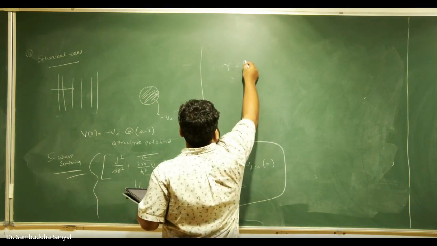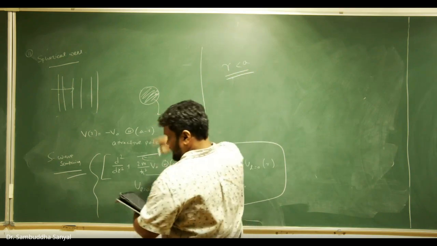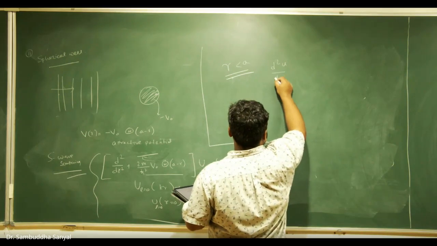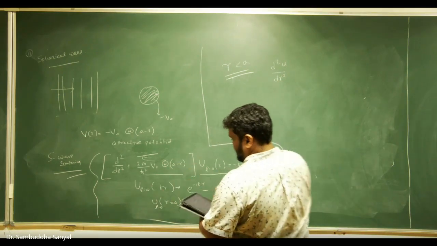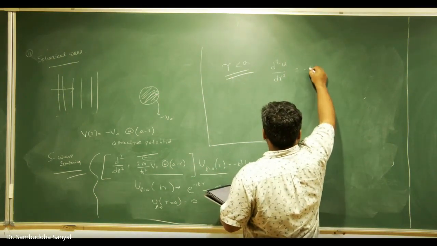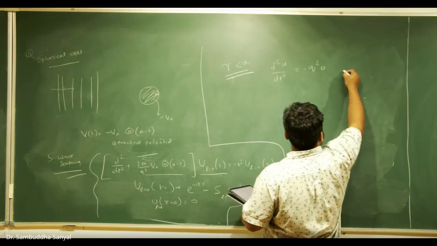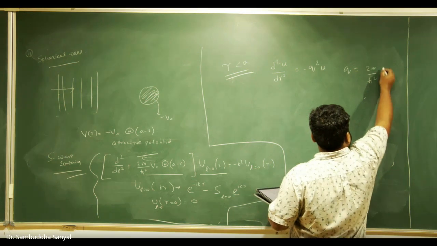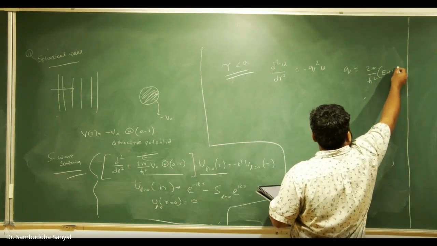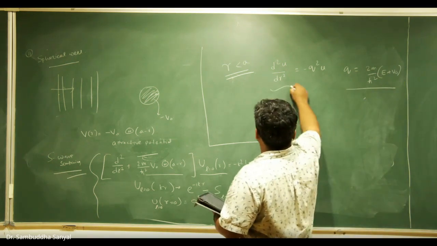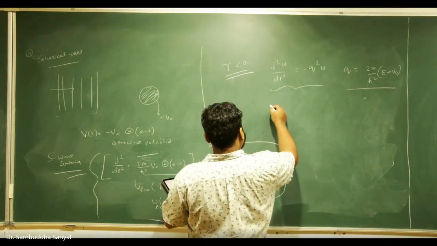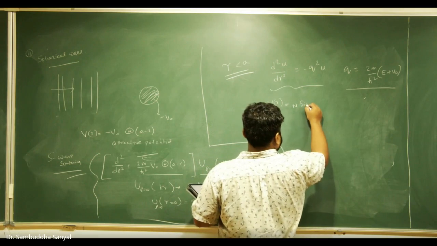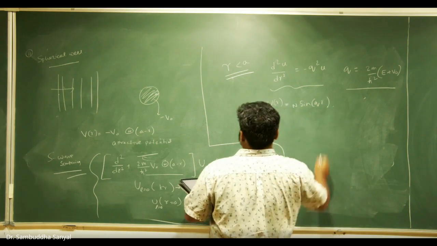At r less than a, which means inside the sphere, by plugging in this trial solution it should be d2u/dr2 minus q squared u, where q is 2m by h bar squared (E plus V naught). So this is a very trivial equation, and the solution is harmonic, of the form sine qr.